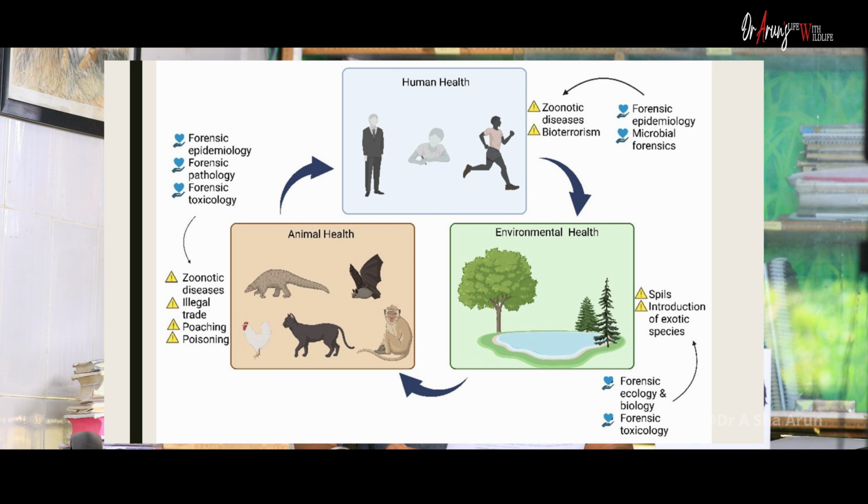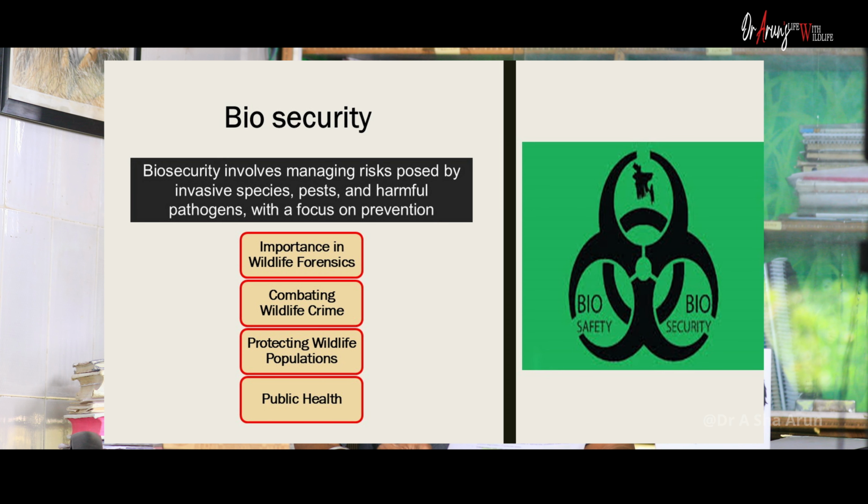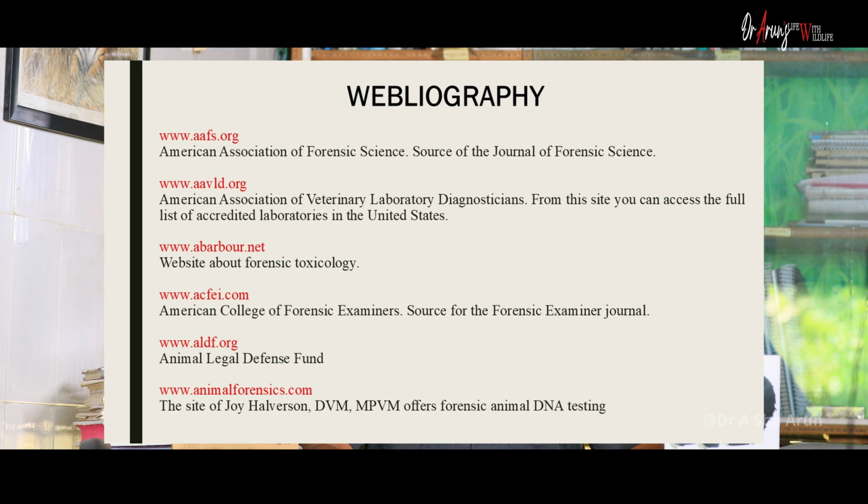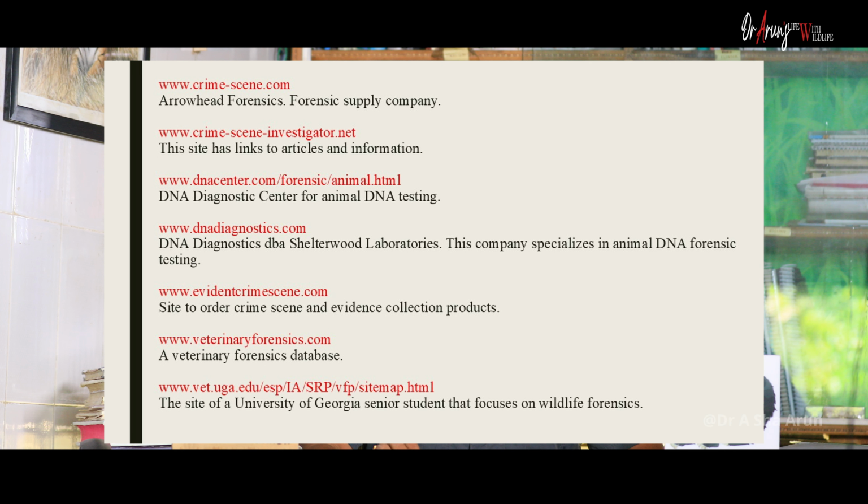Public health notification should also be done promptly. Notifying the appropriate authorities for containment of diseases like anthrax or avian flu is also a major part of wildlife investigation for forensic purposes.